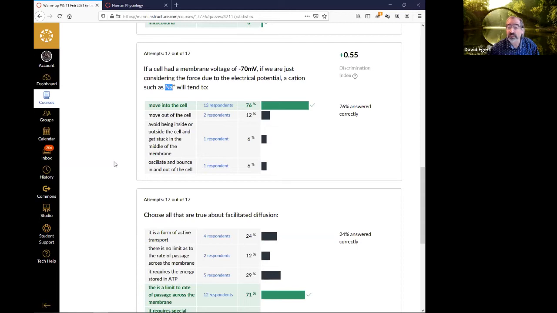So this is something that's in parallel. We're going to spend more time today talking about diffusion and about how sodium might want to move one way or another depending on concentration gradients, the chemical force based on how much sodium is on one side and how much is on the other side. Sodium is going to want to move from higher to lower concentration by diffusion.